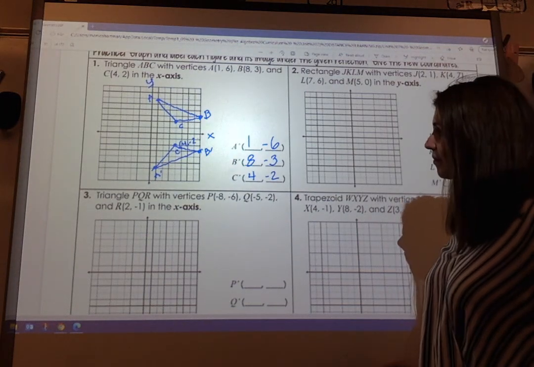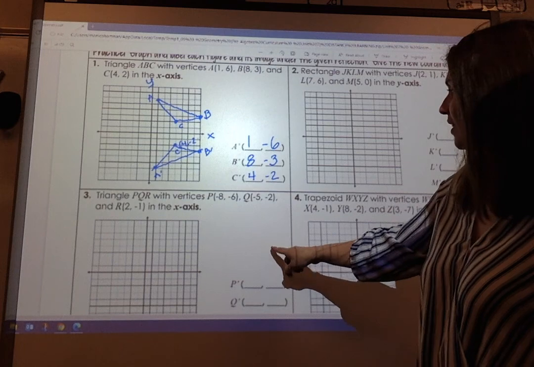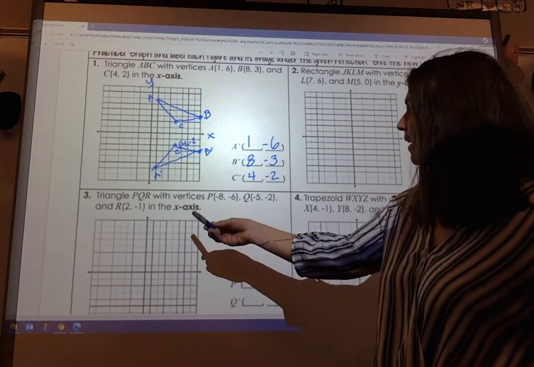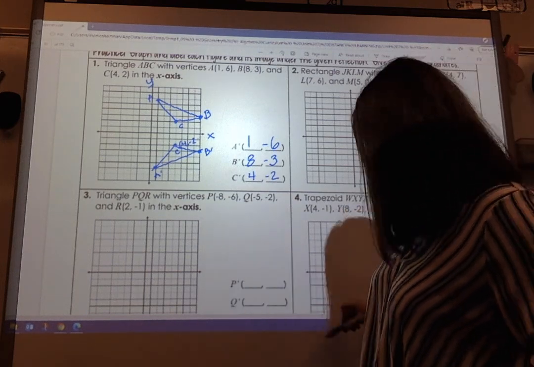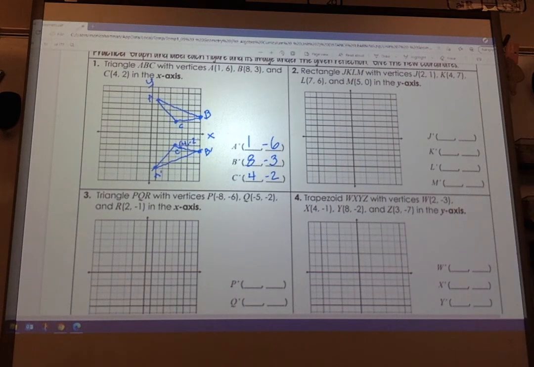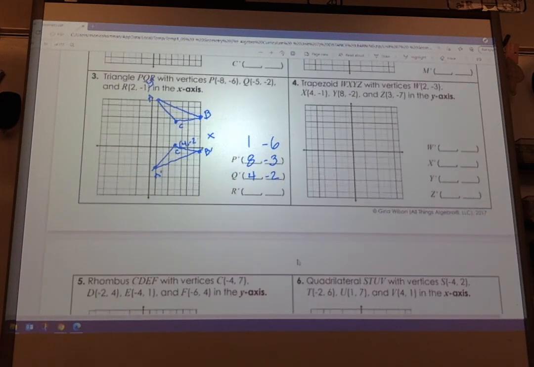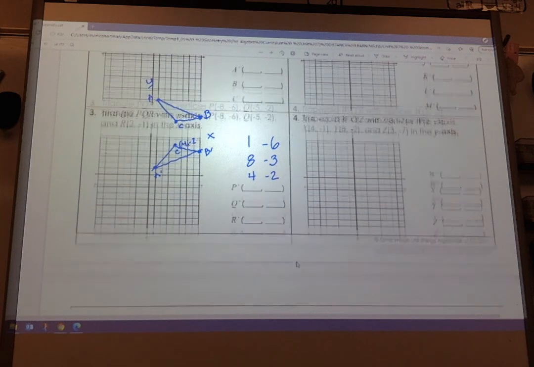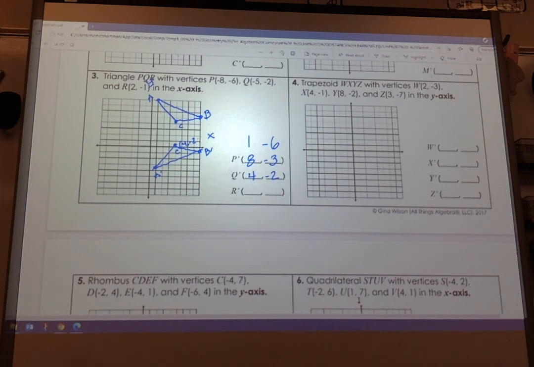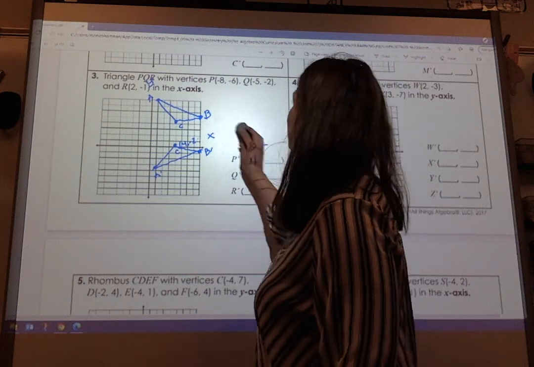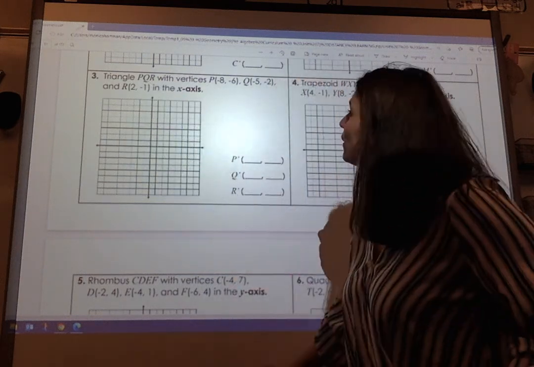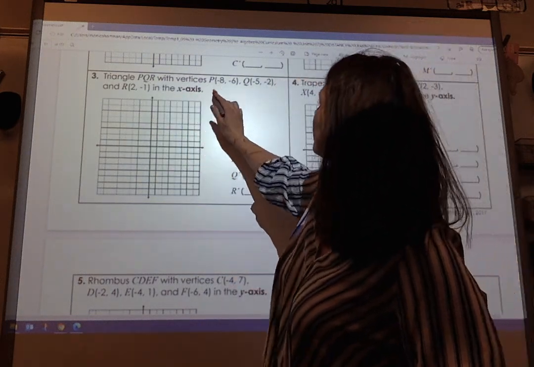Now, let's do this next one real quick. Triangle PQR with vertices P is, oh, you know what? Let's stick to it. Shoot, I was hoping we could see a pattern. I want to wait to see the patterns at the end. Okay, so do this triangle, we have vertices -8.